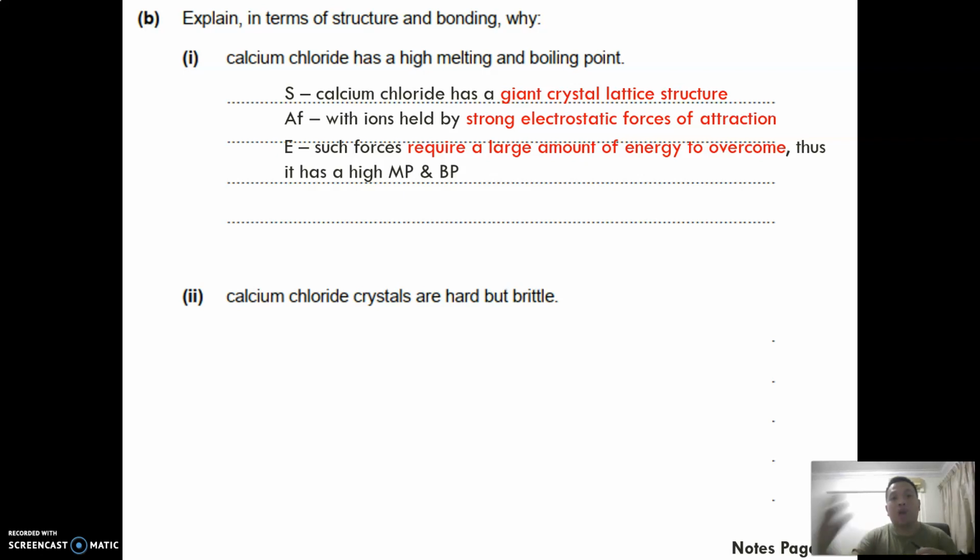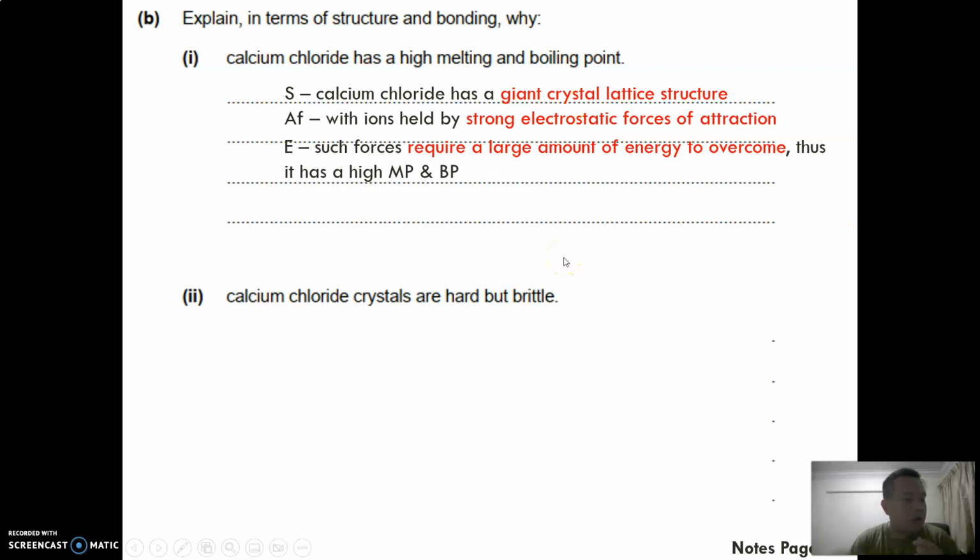Then you tell me the bonding, or the attractive forces between the ions: the ions are held by strong electrostatic forces of attraction. And finally, you use this to explain the amount of energy needed. Because the forces are strong, they require a large amount of energy to overcome, and therefore calcium chloride will have a high melting and boiling point.